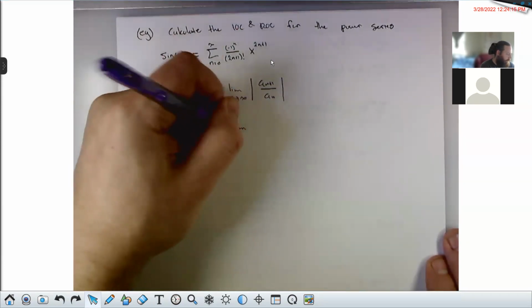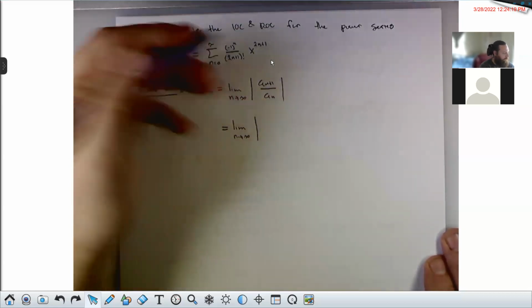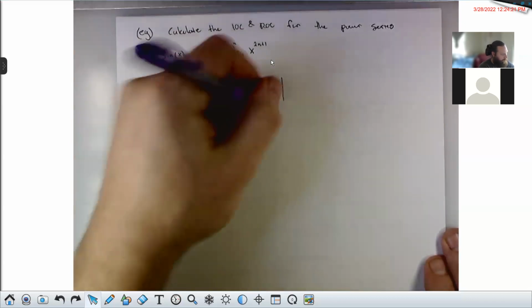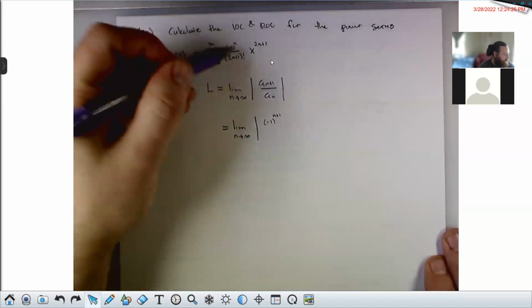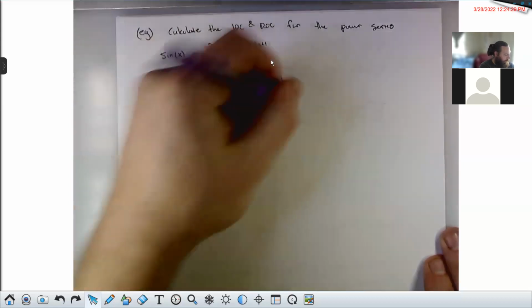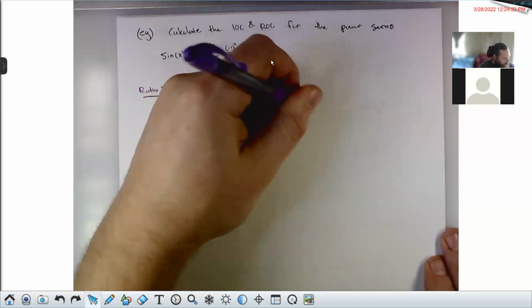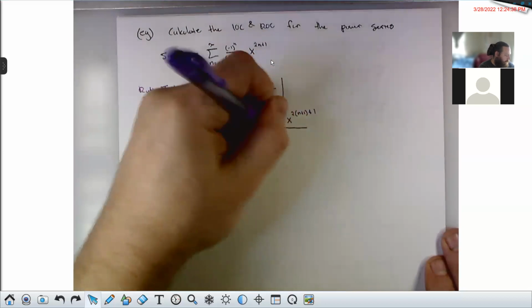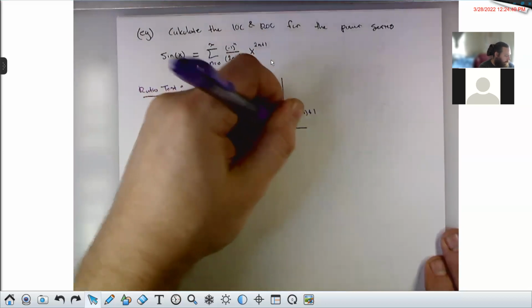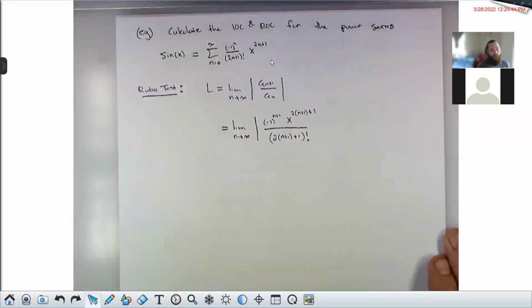So that is the limit as n goes to infinity of the absolute value of, let's calculate a_(n+1). That means negative 1 to the n plus 1, just swapping n for n plus 1, x to the 2 times (n plus 1) plus 1, divided by (2(n plus 1) plus 1) factorial. That is a_(n+1).